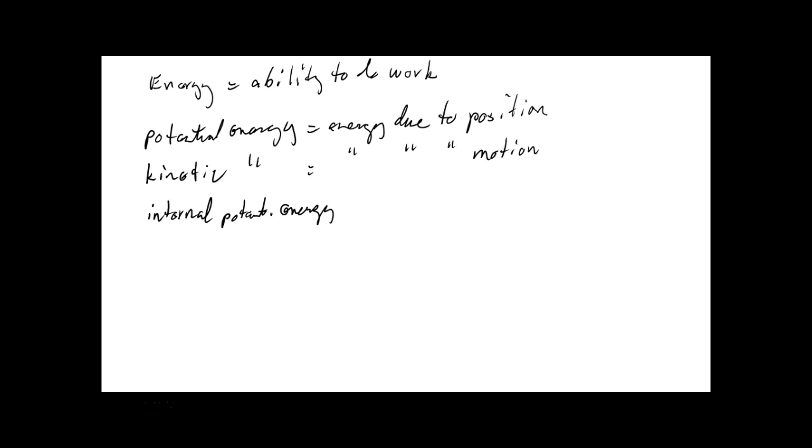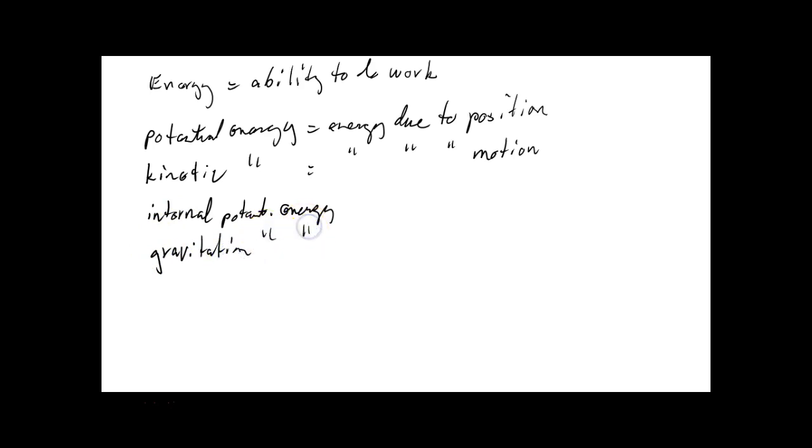Another form of this potential energy, the one I was just showing you, the energy due to position, that was the gravitational potential energy. When it's up here, it's higher. Down here, it's lower. So it has different gravitational potential energy.